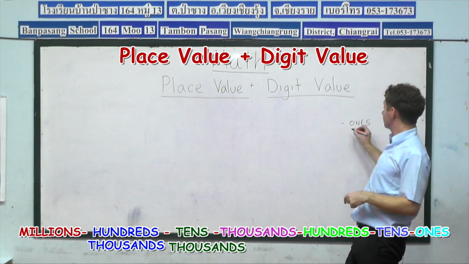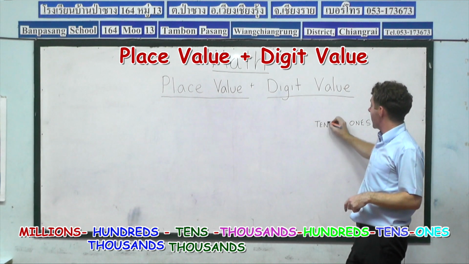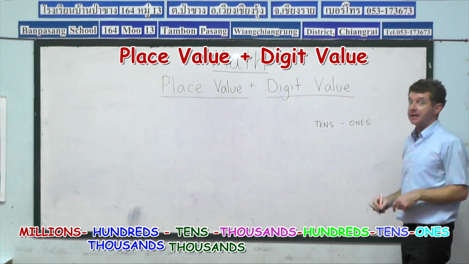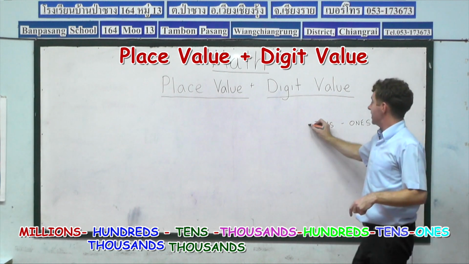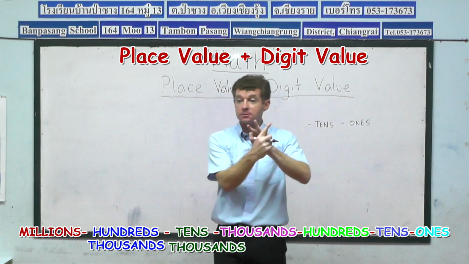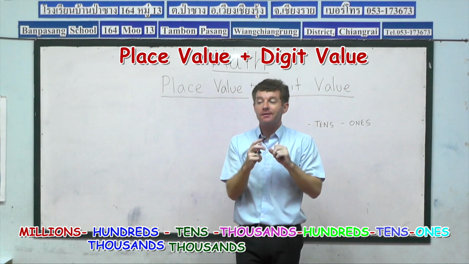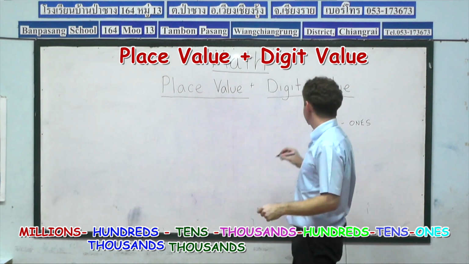Tens. Excellent. We go from ones, T-E-N-S, tens. Then after tens, our third digit, beginning with H. Hundreds. Excellent. Well done.